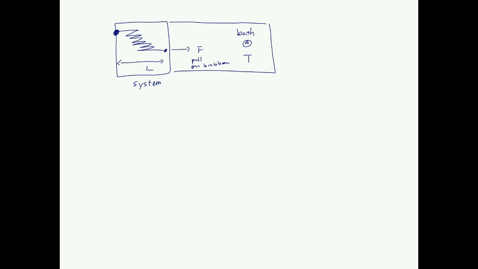And then I have an action, then I have a reaction, right? If my environment pulls on my rubber band, then my rubber band pulls on my system with F, so they will have the same magnitude but different sign, and they act on different systems.